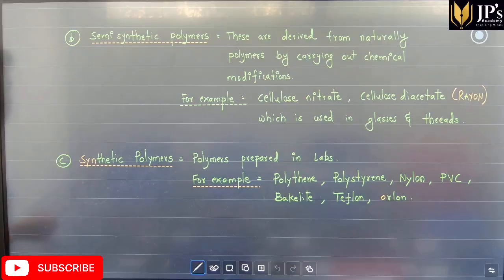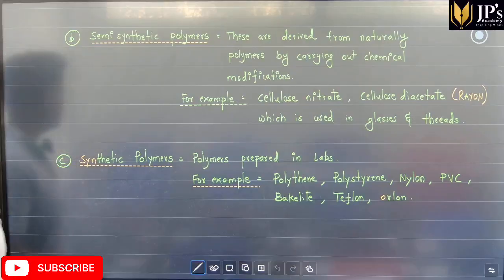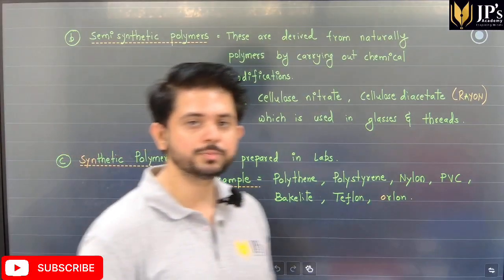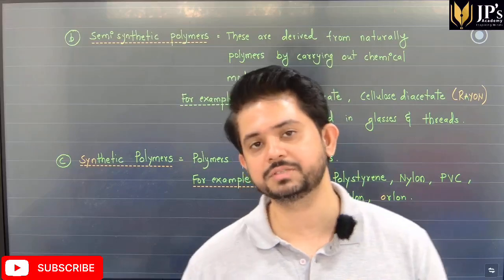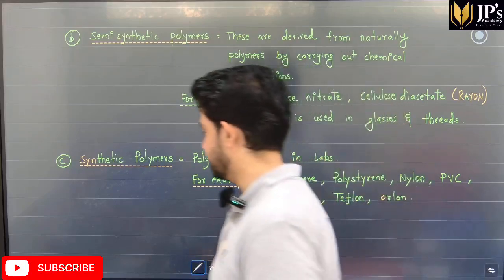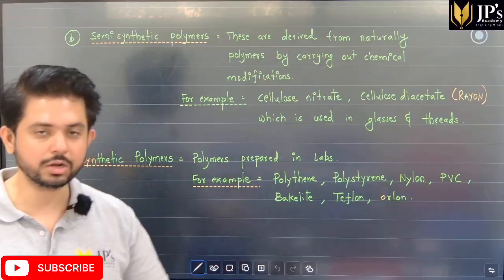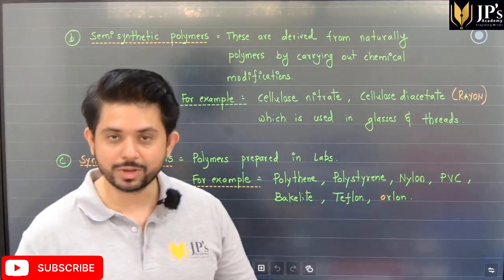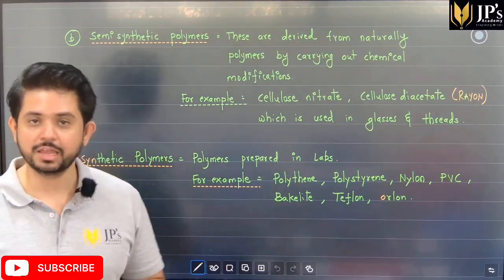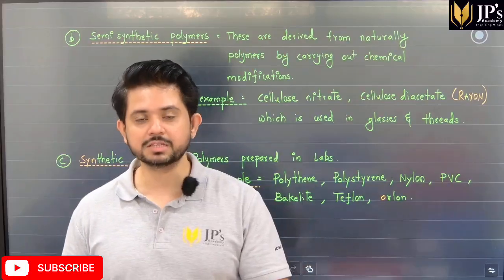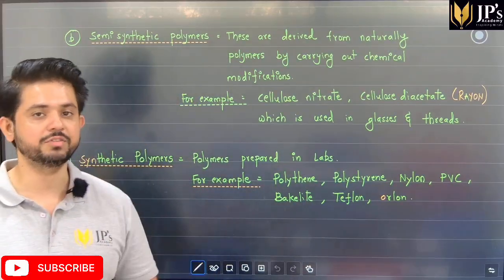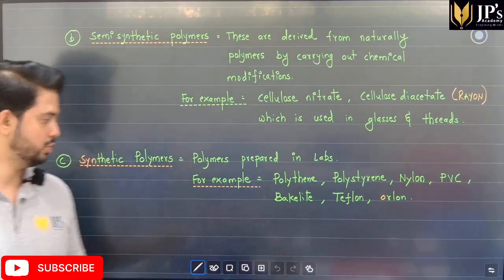I've given some examples. And similarly, synthetic polymers. Synthetic polymers are those polymers which are made 100% only in labs. Now, students, these examples are very important because in your respective exams, you can have questions where they would give you polymers and probably they would ask you to classify them on the basis of their origin or source.